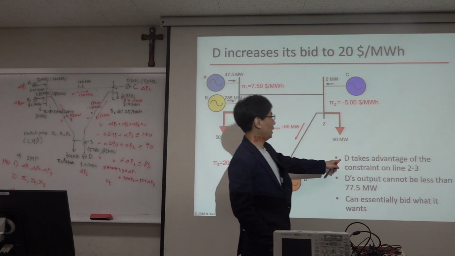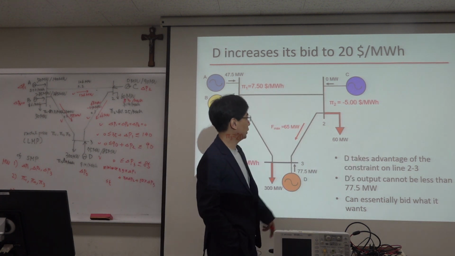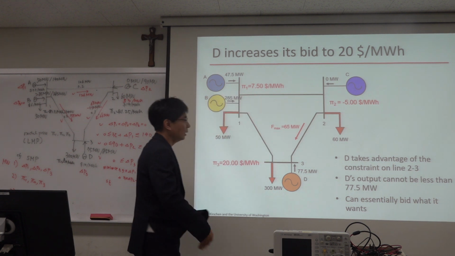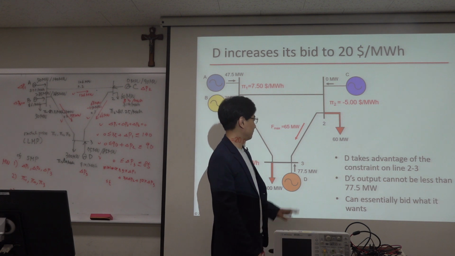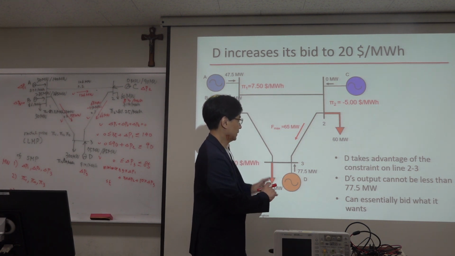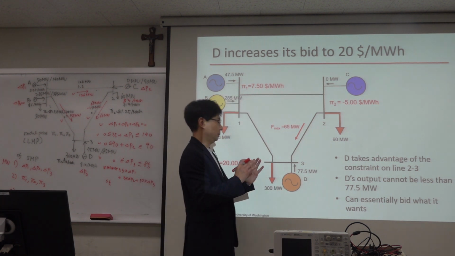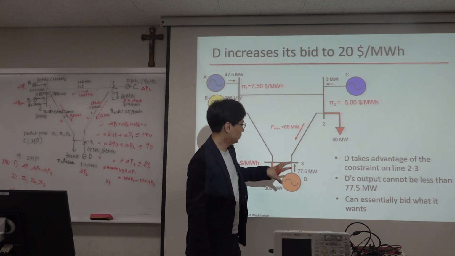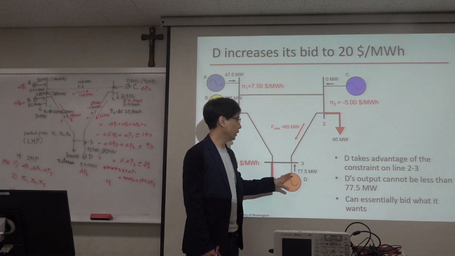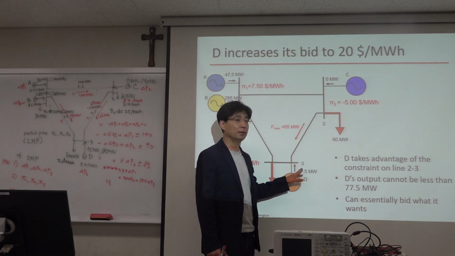So he takes advantage of the constraint on line 2, 3. Currently it's not easy to explain, but to make this system work, generator D must generate 77.5 megawatt.